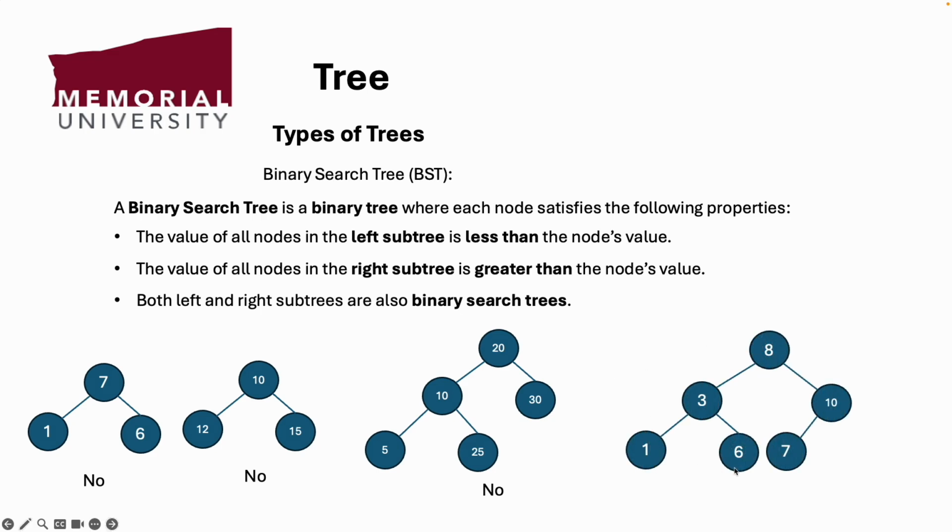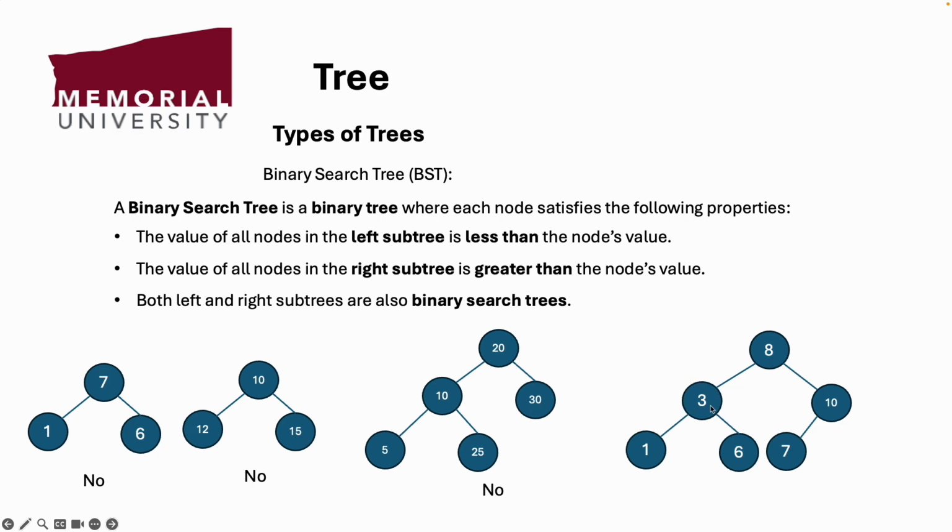Okay, let's look at this example. Here, this is the root node 8. The left child is node 3, which is less than node 8. And the right child is node 10, which is greater than node 8. And for 3 and 10, they look okay.